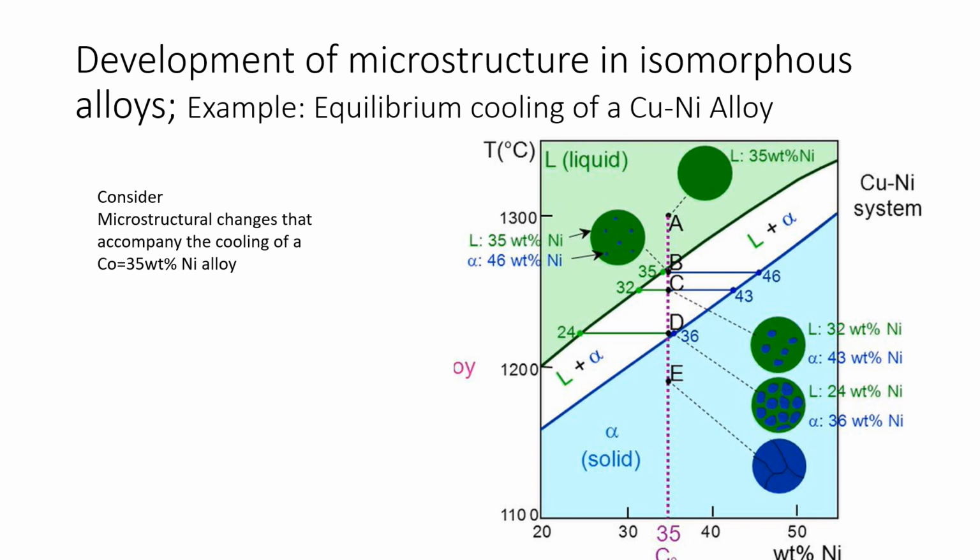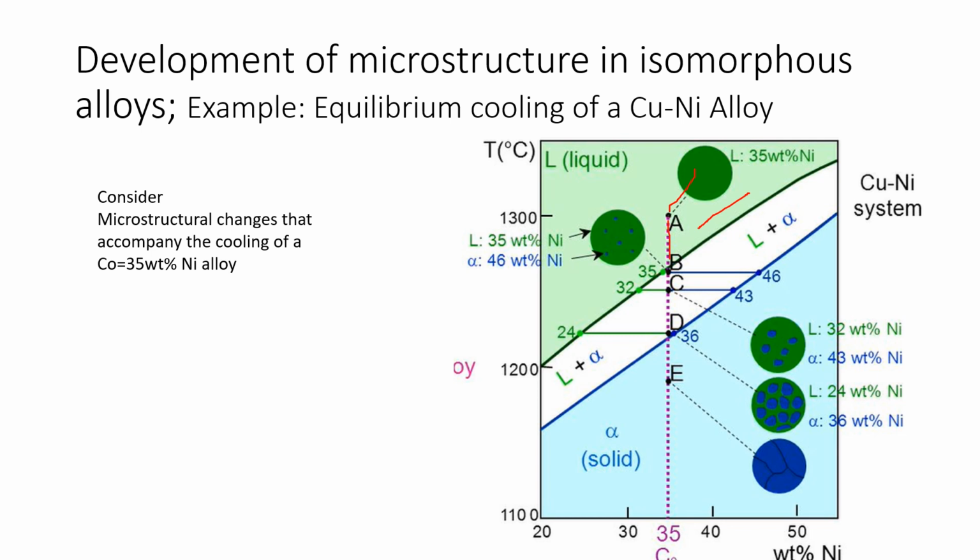If the cooling begins, no structural changes occur until point B is reached. So within this region, the microstructure will be uniform for the liquid phase.